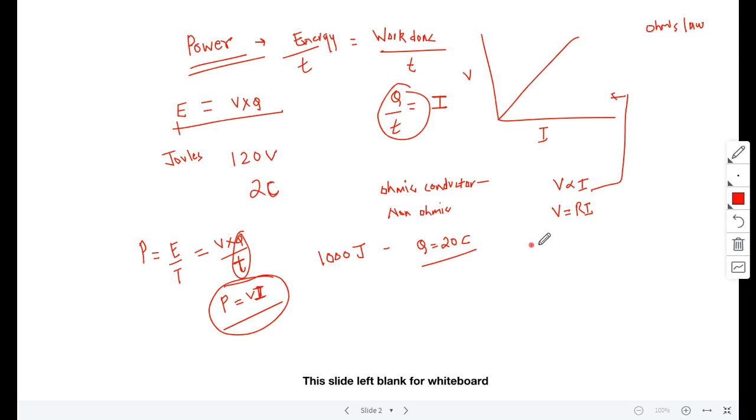A charge of 20 coulomb flows for 10 seconds in a given circuit.